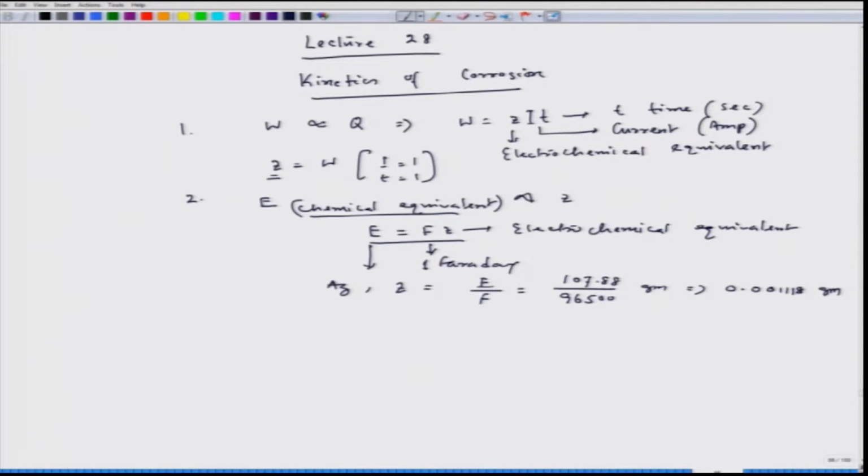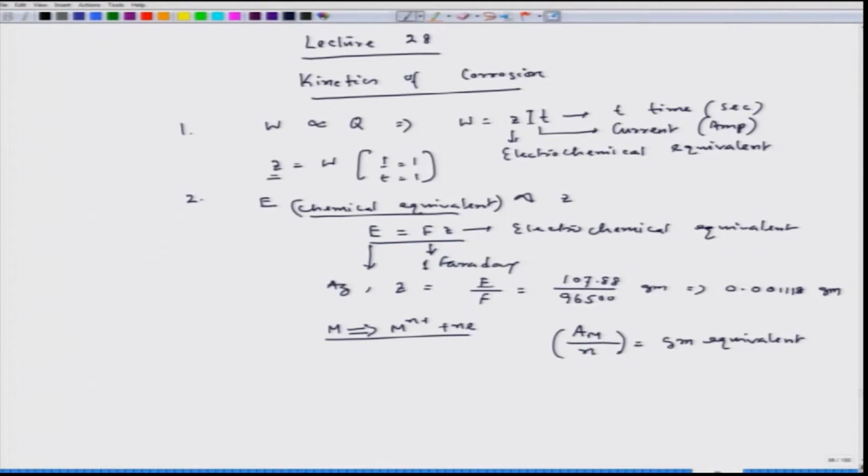Now, we try to understand the importance of these two equations on corrosion rate. Now, whenever we talk about M going to M n plus plus N e, that time its gram equivalent would be Am, which is the atomic weight of that particular metal, divided by N. This is equal to gram equivalent. Fine.